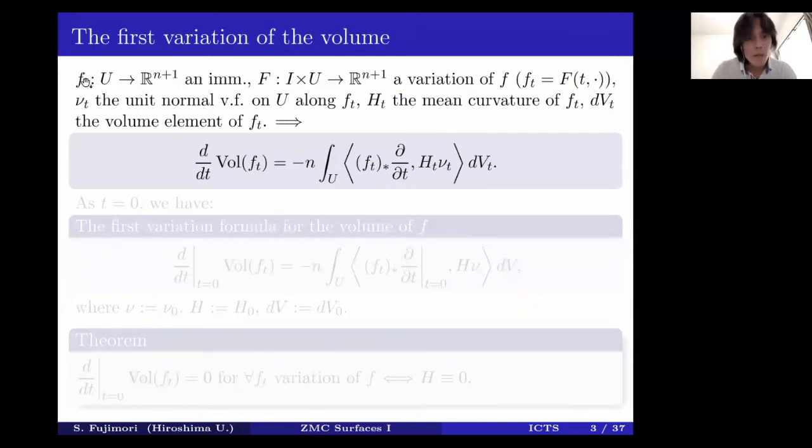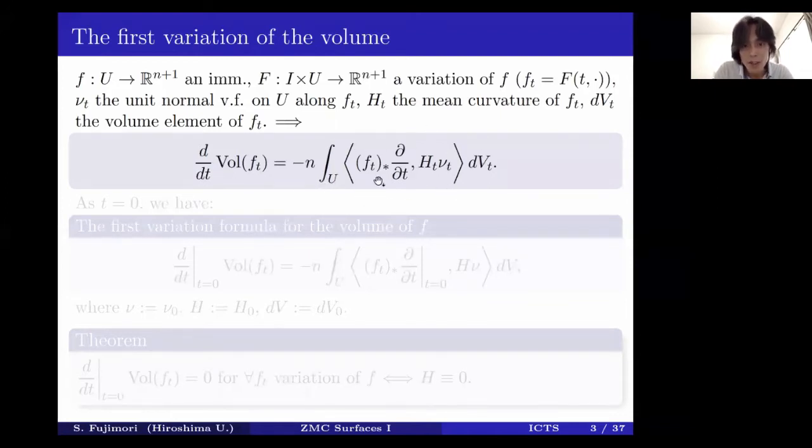And let F be an immersion and big F a variation of F, nu t the unit normal vector field on U along F sub t, H sub t the mean curvature of F sub t, and dVt the volume element of F sub t. Then we have the first derivative of the volume of F sub t equal to this.